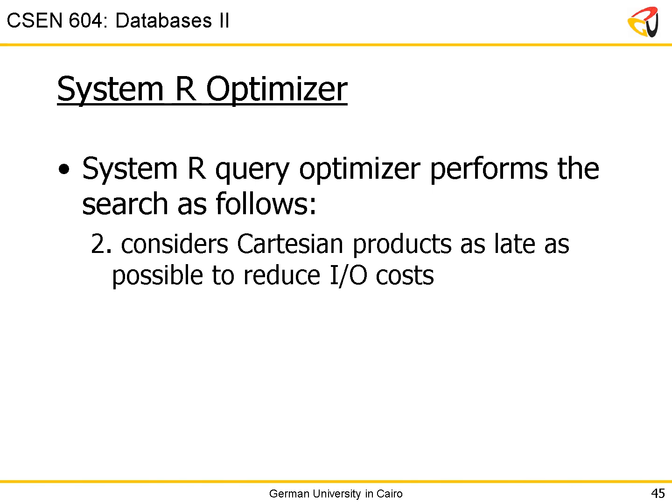The second thing about System R is that it considers Cartesian products as late as possible to reduce I/O cost. This is a very simple idea, but turns out to be incredibly important. Cartesian products are the worst kind of SQL operator you could use. You should try to avoid them as much as you can because you are doing blind pairing of rows from two relations.